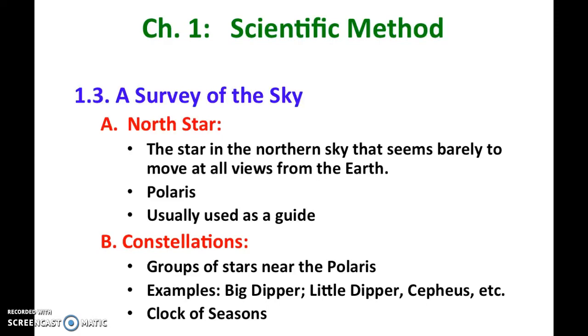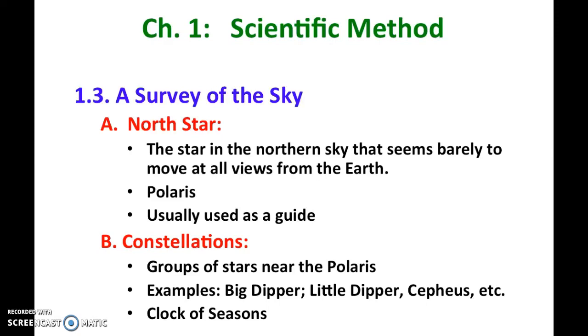It is also called Polaris because it is located above the North Pole of the Earth and aligned on the Earth's axis of rotation. It was usually used as a guide for Thales. Nowadays, we are guided by GPS.